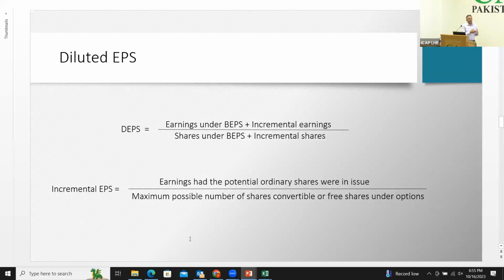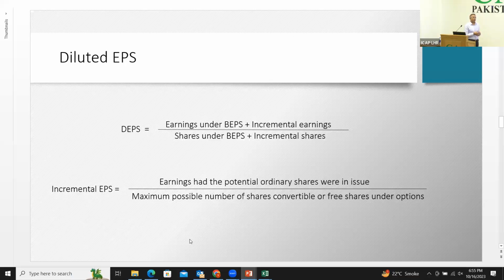It means if there is more than one potentially issuable share, then you will go for the most dilutive. A potentially issuable share may be dilutive in its individual capacity, but in aggregate it may be anti-dilutive because it's not producing the most dilutive earnings per share. So it's very important that you calculate the most dilutive earnings per share.